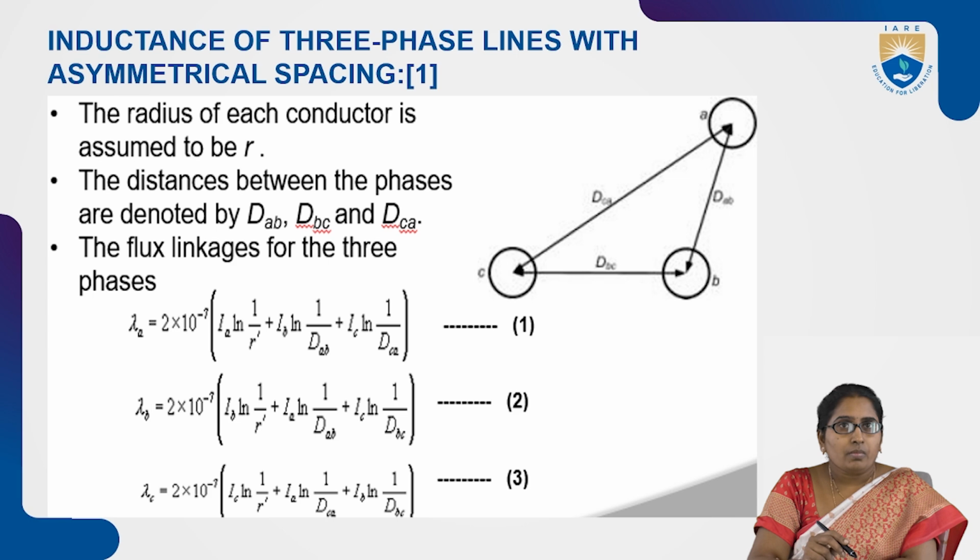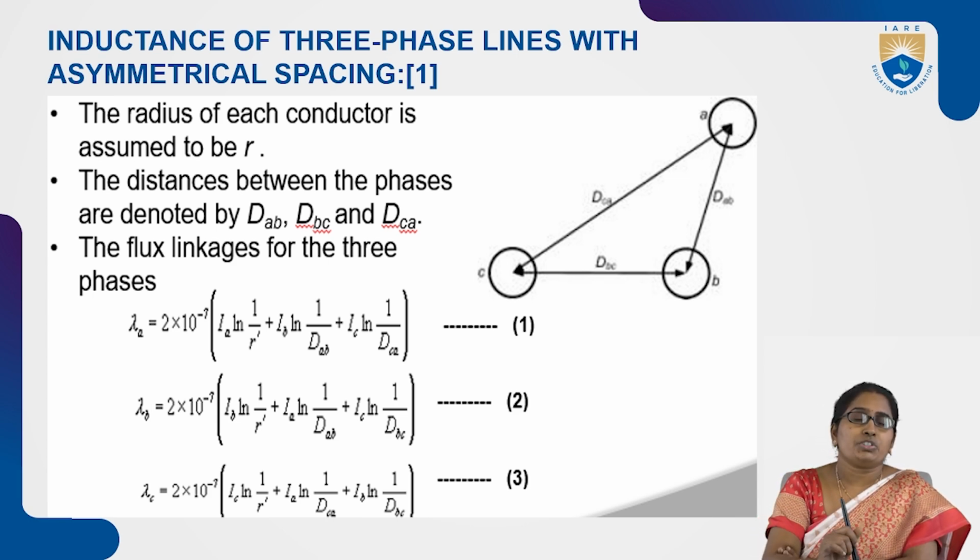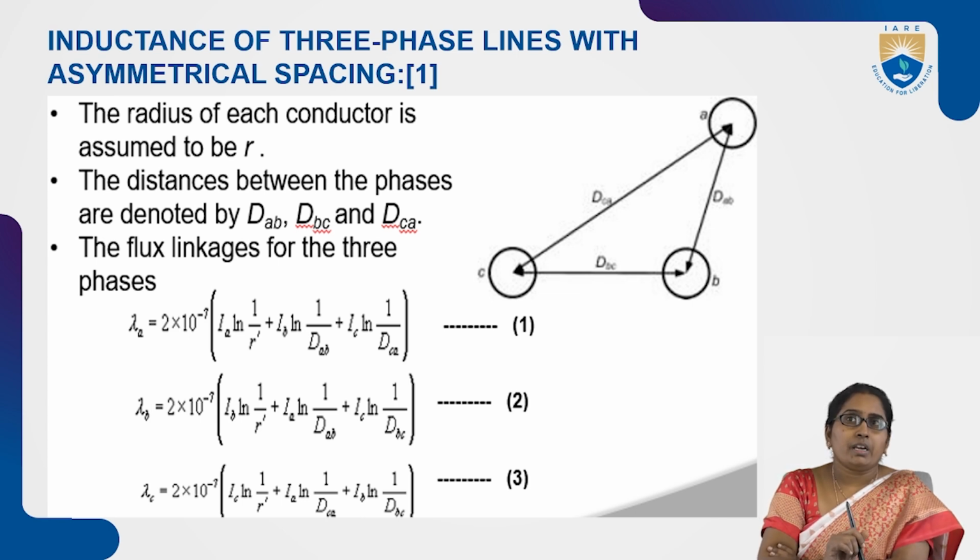Now, let us write the flux linkages expression for the three conductors. First, the flux linkages for conductor A, denoted psi A, is given by this expression. From my previous class, you understand how it is written: the flux linkages of one conductor when there are neighboring conductors whose currents are different.